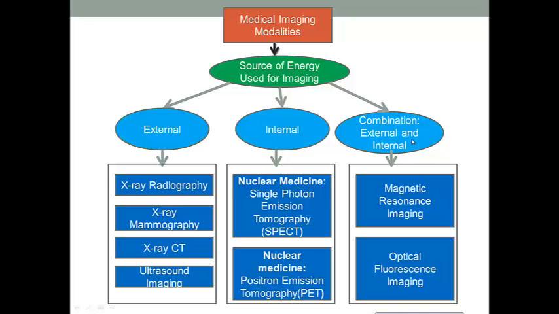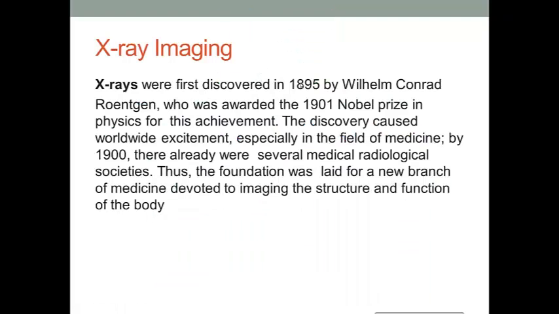But sometimes, as I talked about just now, there is a combination of external and internal. That's MRI. Also there is optical fluorescence imaging, this kind of thing. That's the classification of the medical image modalities based on the source of energy used for imaging.